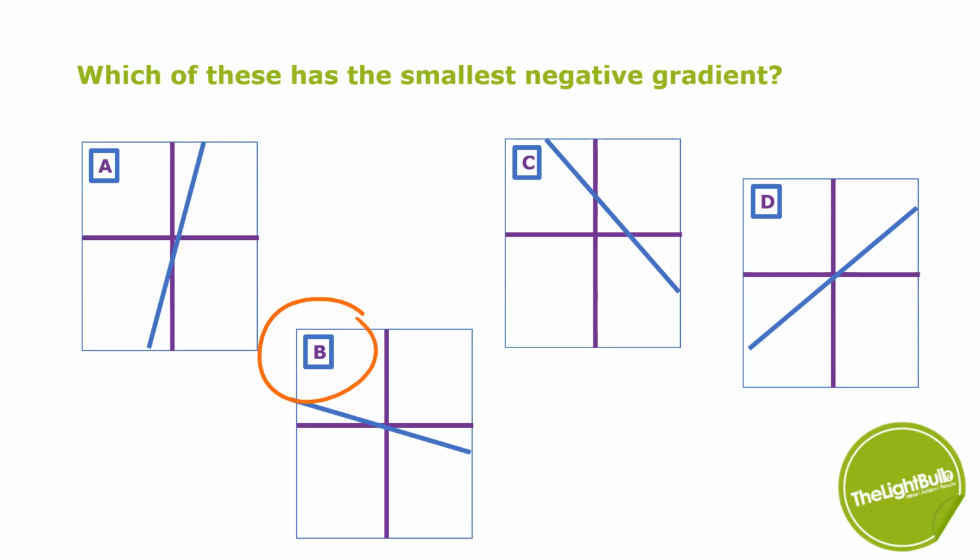A and D are both positive gradients, so we can discount those straight away. You're going up a hill. Imagine starting on the left-hand side, you're cycling up. So we can discount those. And then it's out of B and C. Now, C is quite steep, whereas B takes a long time to drop just a little bit in height. So B is the smallest negative gradient.